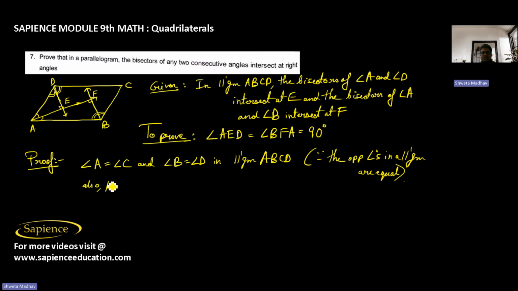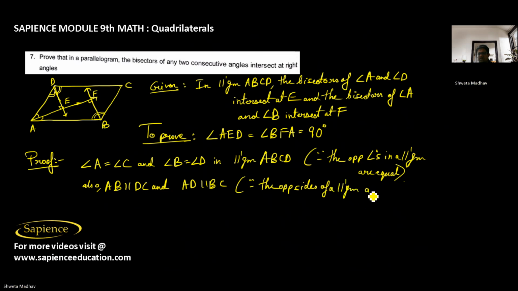And also we can say that AB is parallel to DC and AD is parallel to BC, since the opposite sides of a parallelogram are parallel to each other.